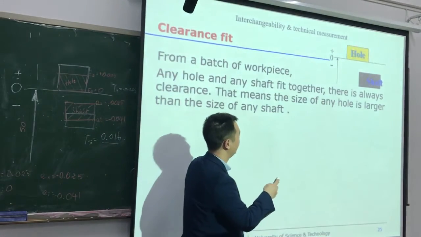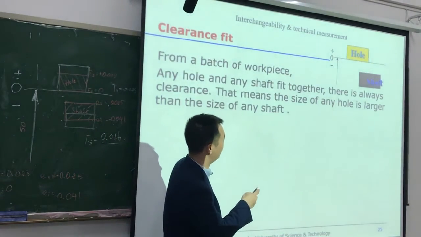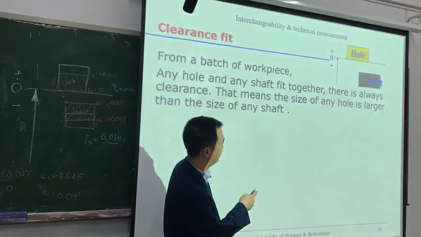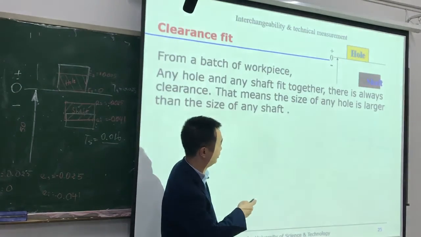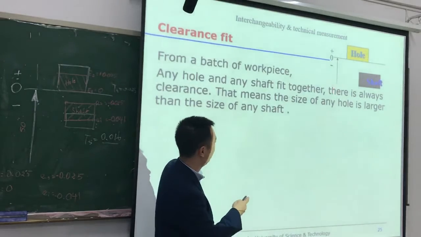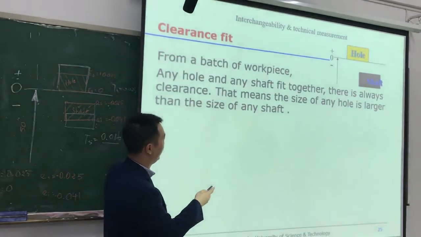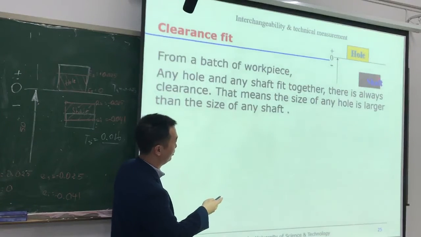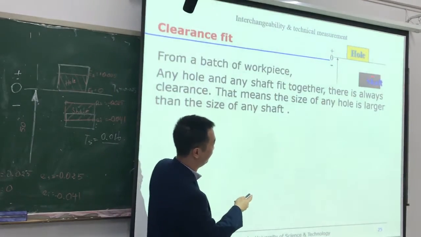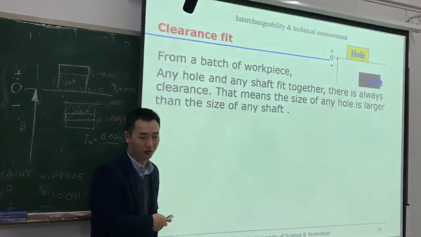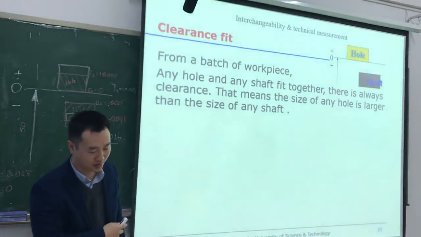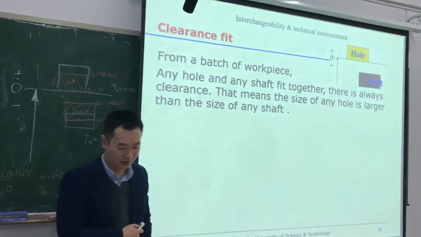For example, here we can see the tolerance zone of the hole is always above the tolerance zone of the shaft. So we choose any hole from here to fit with any shaft from here. There's always clearance. So this class is called clearance fit.